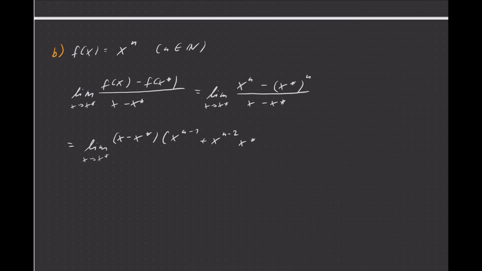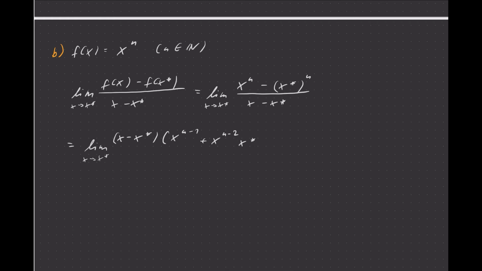And if we multiply this by this, we get x to the n minus 1 times x star. So that's exactly the same thing as here, with the exception of the sign, right? We have a plus and a minus. So these two will cancel out. What remains is minus x star times this expression. That's x to the n minus 2 times x star squared. So you can see the powers of x decrease, the powers of x star increase in this expression.